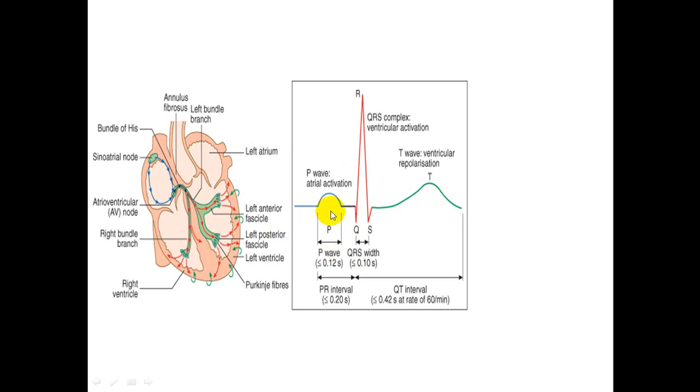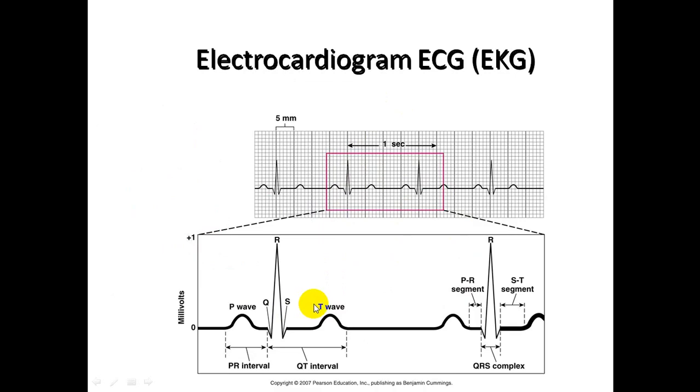Repolarization of the atria is negligible electrical activity that is not recorded in the surface ECG. We will see when we discuss ECG that there are waves like the P, QRS complex, T wave, and sometimes a U wave, and there are intervals and segments, like the PR interval and the QT interval from Q to T. We will discuss this in the coming lecture, just to know the nomenclature. And this is ECG paper.